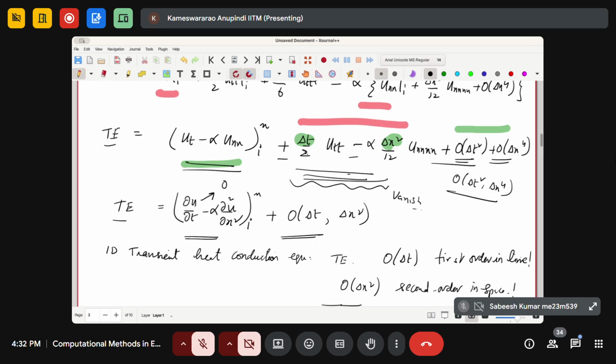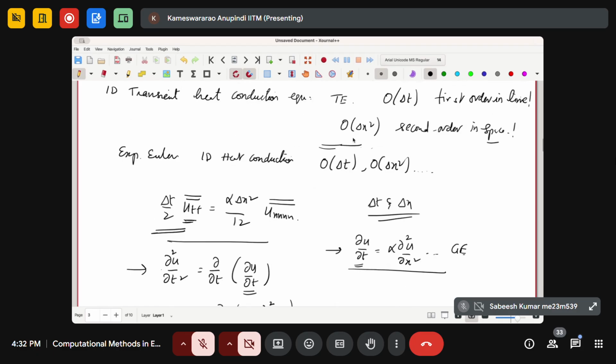If I make Δt smaller and smaller, this term will approach 0. Similarly, if I make Δx² smaller and smaller, this whole term approaches 0. Because of the way the truncation error expression contains Δt and Δx, as you make them smaller and smaller, these terms become 0. As a result, this scheme can be said to be a consistent scheme.